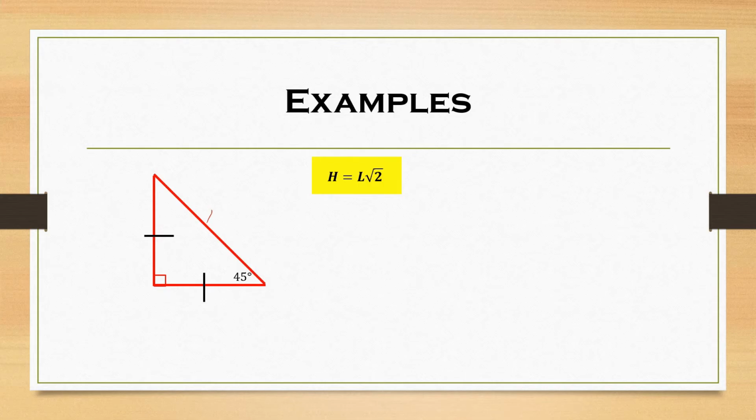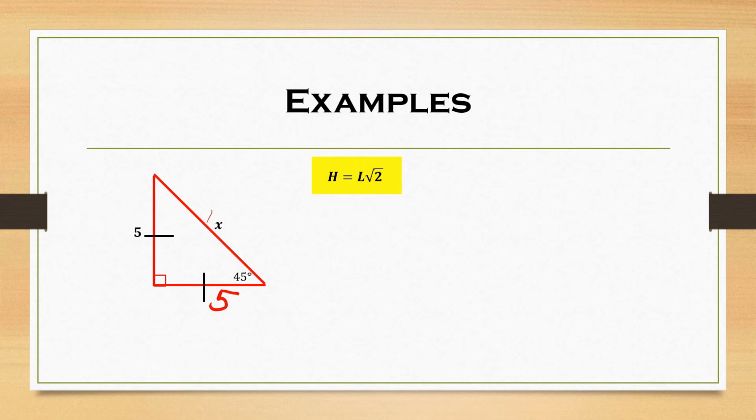Ito din yung nagsasabi sa atin kung anong special right triangle ba yung ating sinosolve. Given here, ang leg ay 5. We need to get the value of x. Dahil ang isang leg ay 5, ibig sabihin, ito din ay 5.